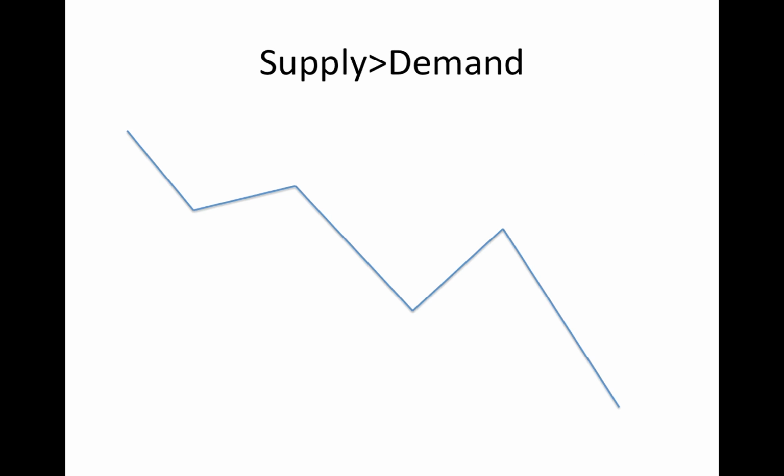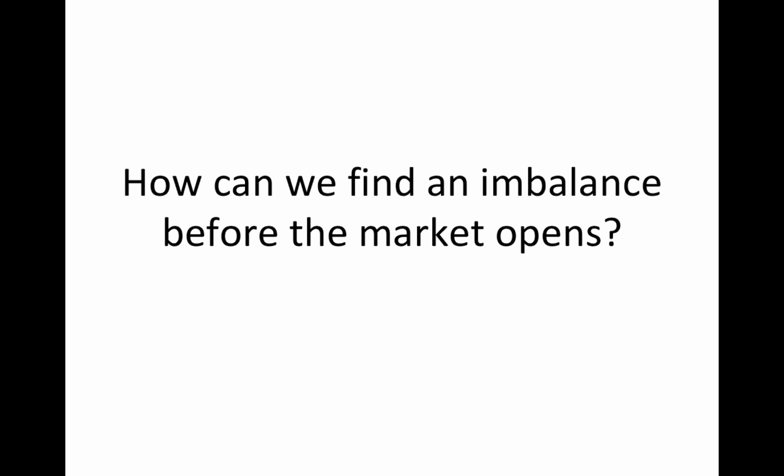Now, if the supply is bigger than the demand, the stock will move down. So that's where I have my edge. If the demand is bigger, I'm not going to attack it, or I'm going to attack it with less size. But if the supply is bigger than the demand, and I can see that before the market opens, now that's another thing. Now, how can you find the imbalance before the market even opens?